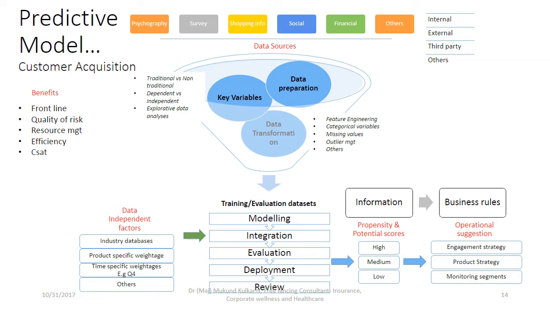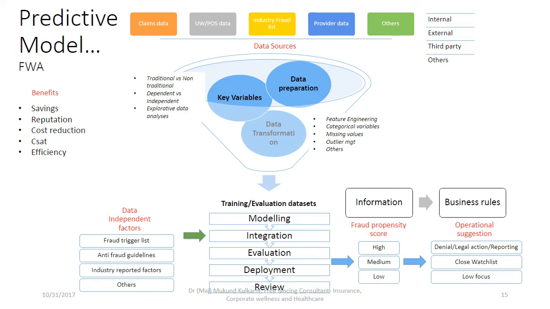An operational suggestion out of this can be either a level 1 suggestion, which is pretty much straightforward, like for high scores you do nothing else, don't waste time, just go to the customers and try to sell some products to them. Or for the middle ones, we can do a little more deep dive, integrate other strategies like products and time, and then bring out an operational plan. So that is how the customer acquisition predictive model can work in life insurance today.